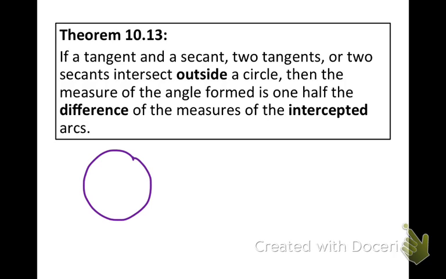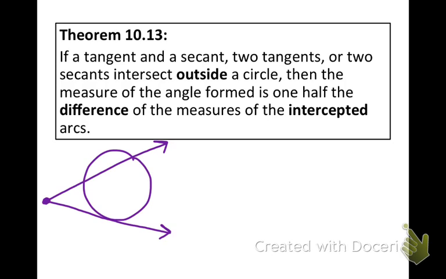So for the first scenario, first circle, a tangent and a secant, what's that going to look like? Tangent intersects how many times? Once. So let's make a tangent down here on the bottom. Secant intersects how many times? 2 times. So if a tangent and a secant intersect outside of the circle, so now the angle's vertex is outside of the circle, we have the following.